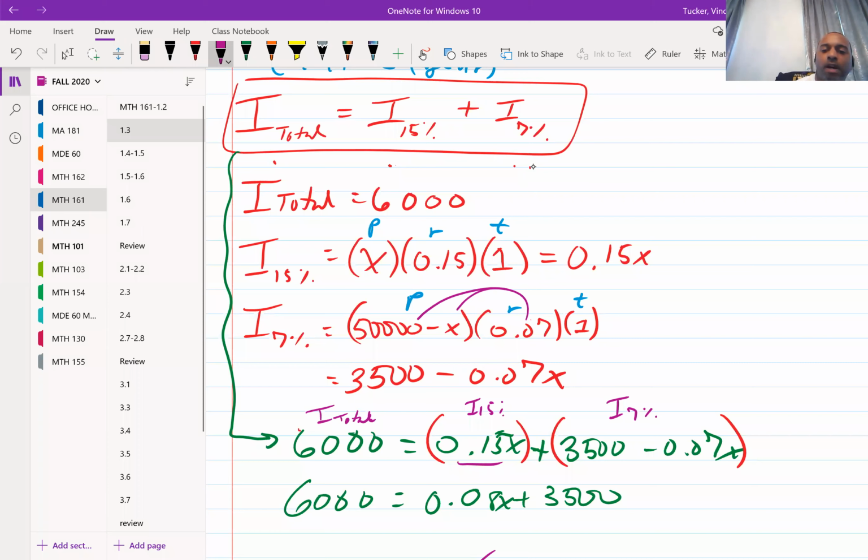So we have 0.15x minus the 0.07x, and that gives us 0.08x plus 3,500. Then from there, we will subtract 3,500.